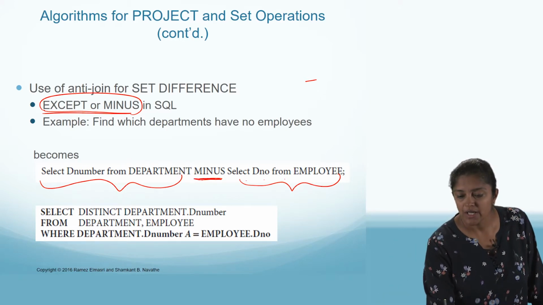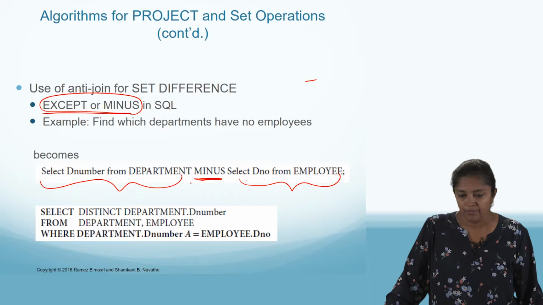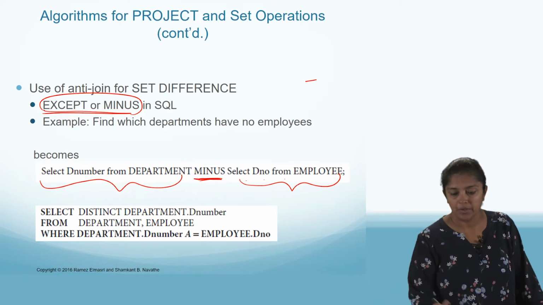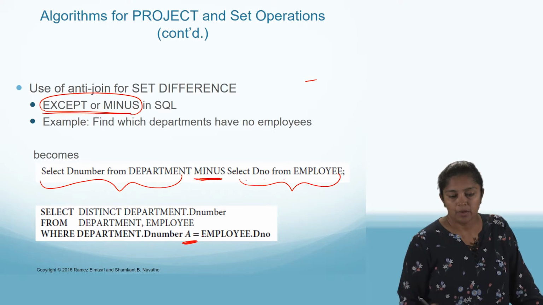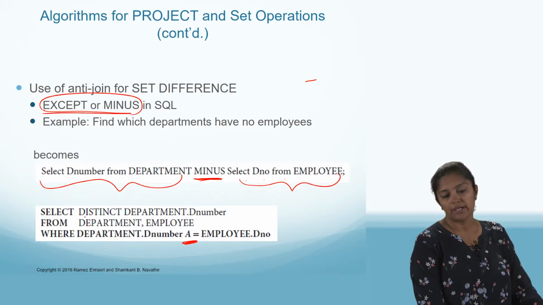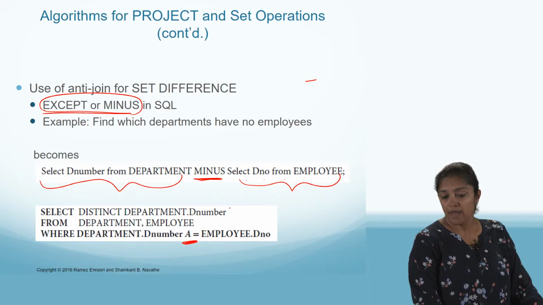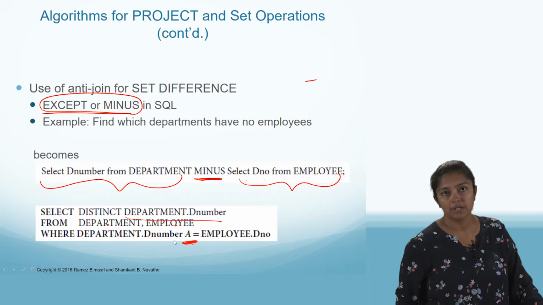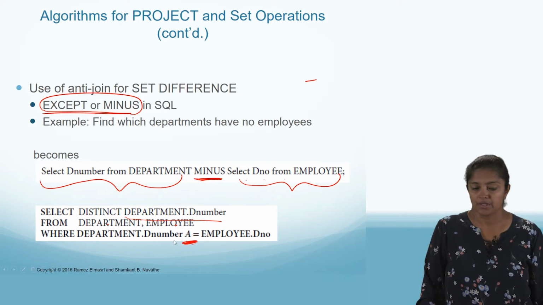So this involves that minus or the set difference operation, and what this will internally convert into is this anti-join operation. It's equivalent to writing select distinct department D number from department and employee table, and then we are joining the two tables using an anti-join operation.